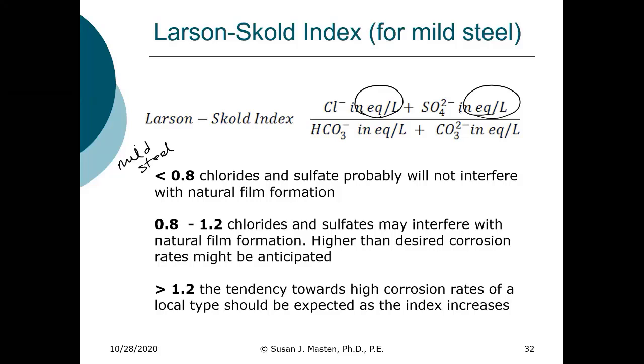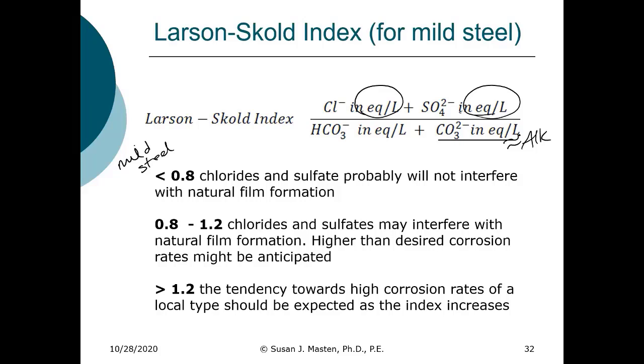And basically, it's divided by the alkalinity. And again, the premise here is that the chlorides and sulfates may interfere with the natural passivation, and they help promote electron transfer, which is necessary in order to have corrosion.